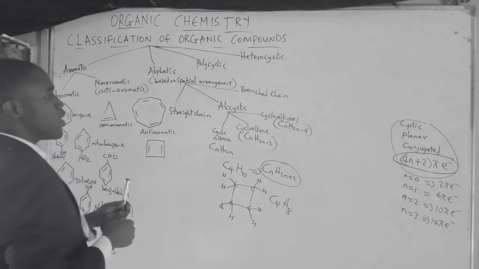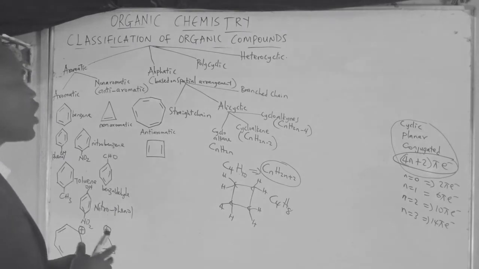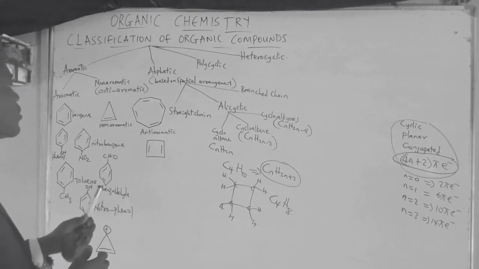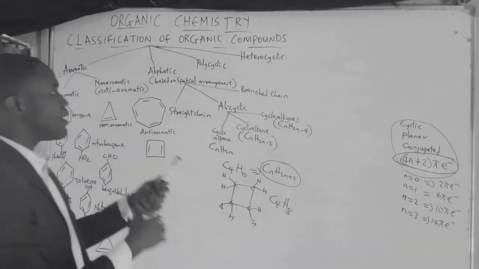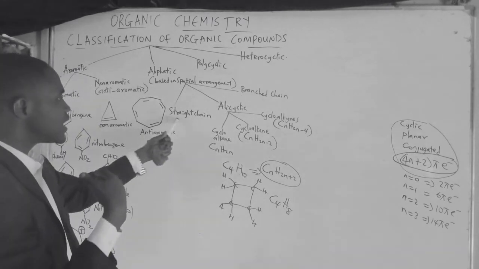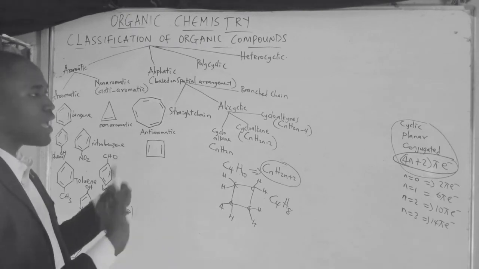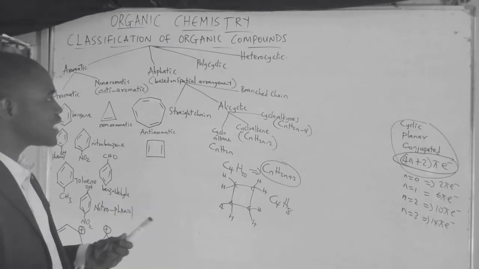Then we continue on this classification of organic compounds. We say another one, this branch chain, it can be propane, propene, propyne, ethane, ethene, ethyne, and so on.